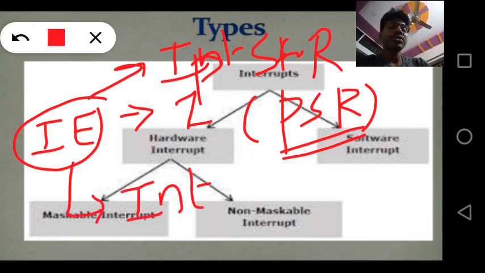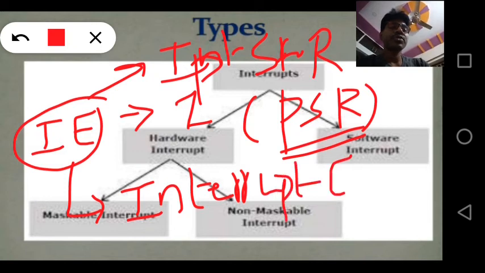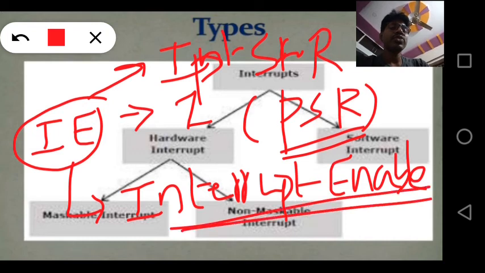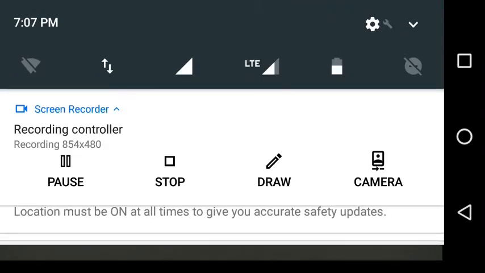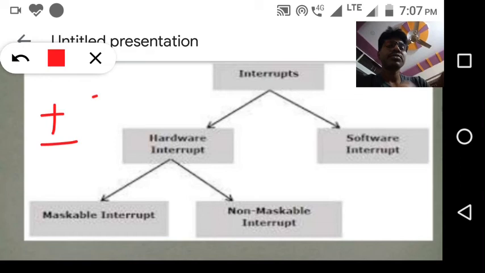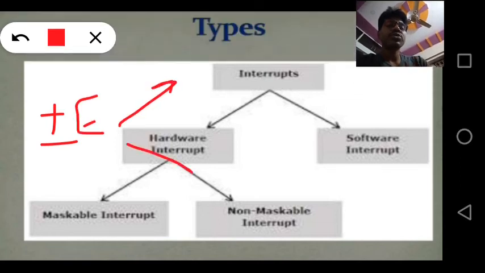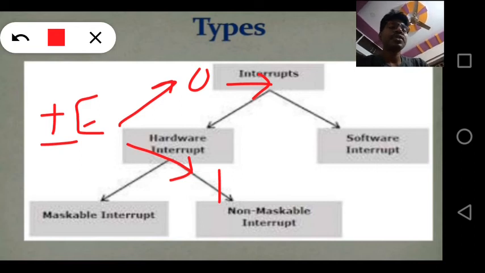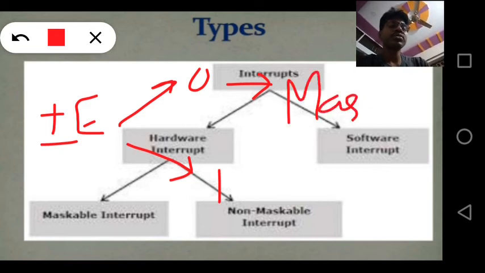IE stands for interrupt enable. You can set this interrupt enable to 0 or 1. 0 means it is a mask on the hardware interrupt.